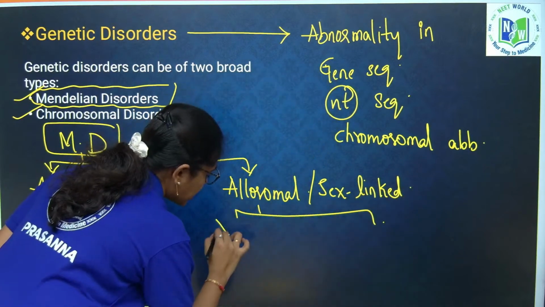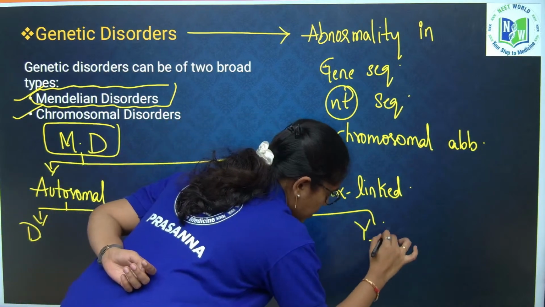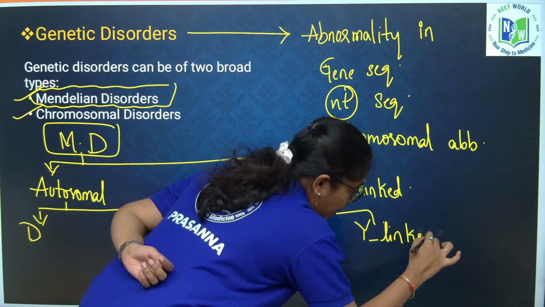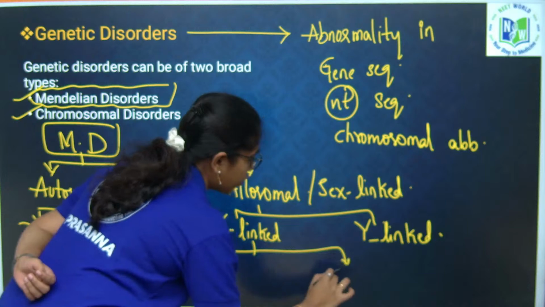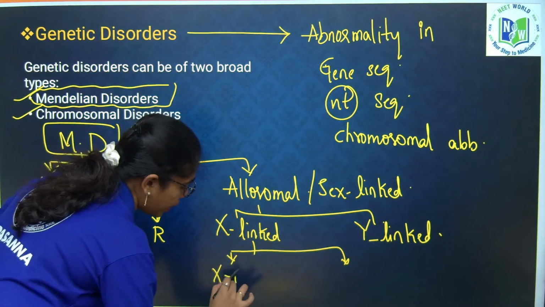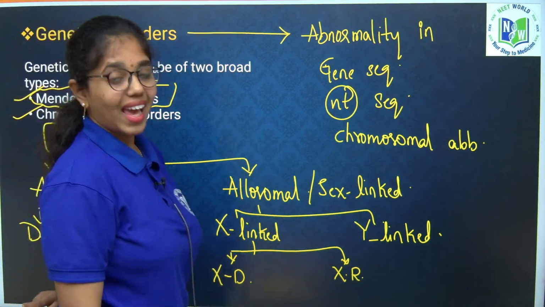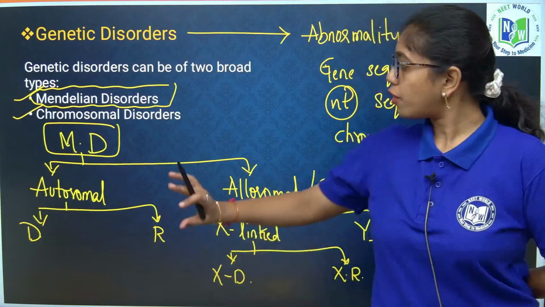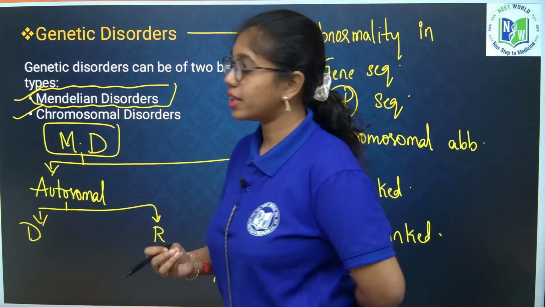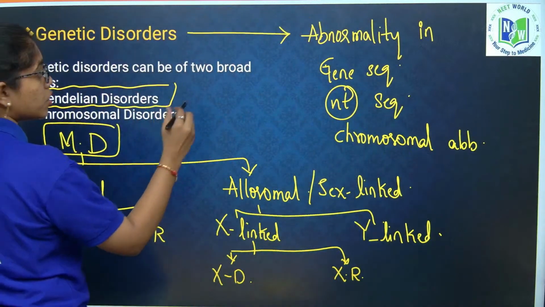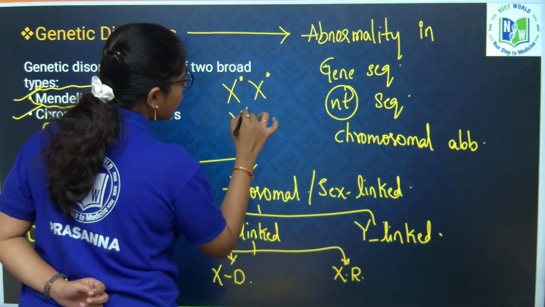They can be X linked diseases or Y linked diseases. X linked diseases can either be X linked dominant or X linked recessive. When they follow the Mendelian pattern of inheritance, all the dominant diseased traits are expressed both in the homozygous and heterozygous condition.